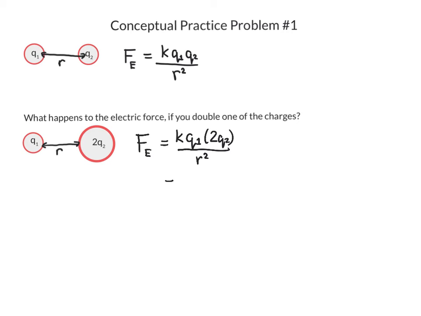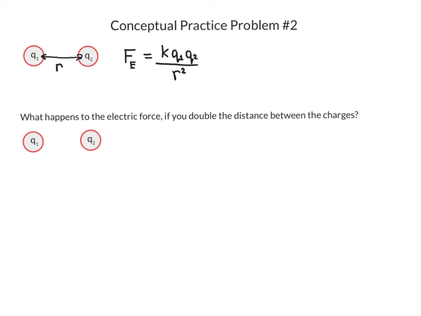If we just bump that 2 out to the front there, we can see we have 2K Q1 times Q2 over R squared, where this KQ1 Q2 over R squared is just the original electric force. That is, the new electric force is 2 times the original electric force.